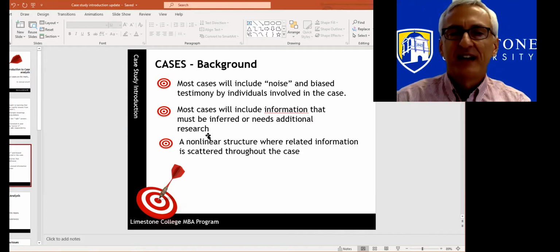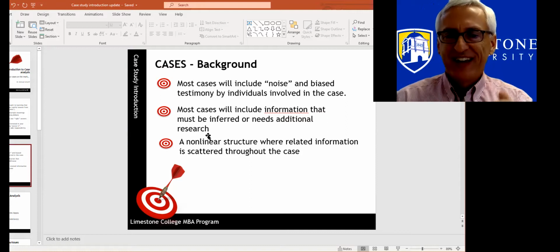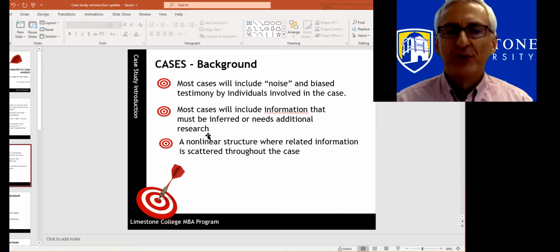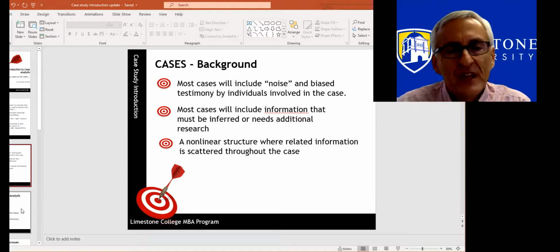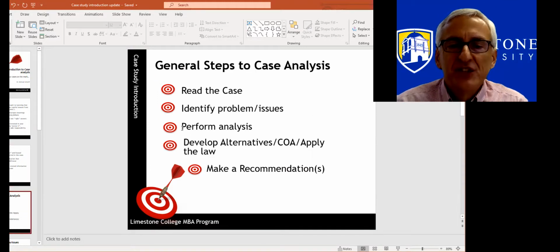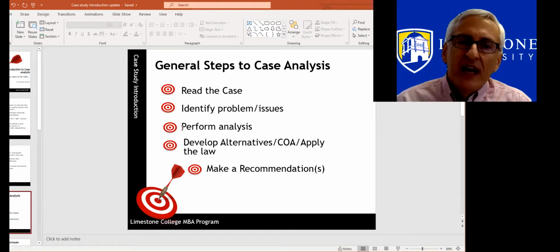It isn't like many of the undergraduate cases where it's all laid out for you in specific order. So that's a little bit about business cases in general.